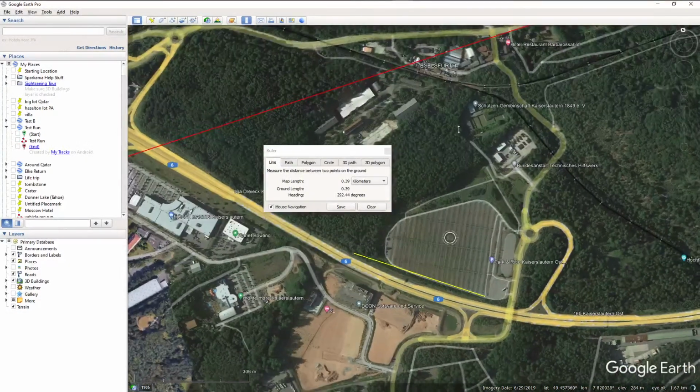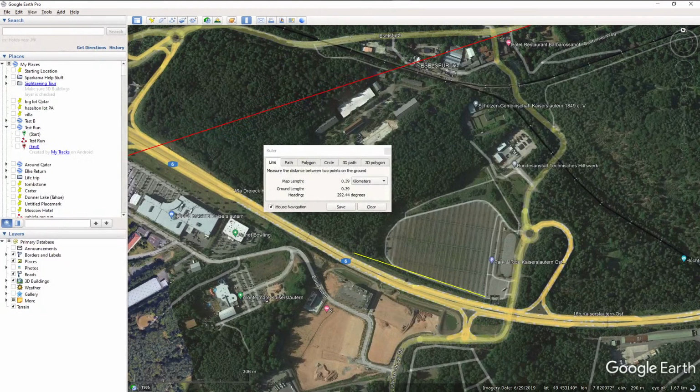Now, what I found out, just by doing some simple measurements, some simple azimuths, is that this side road that goes up parallel with the Autobahn is at 292 degrees azimuth.